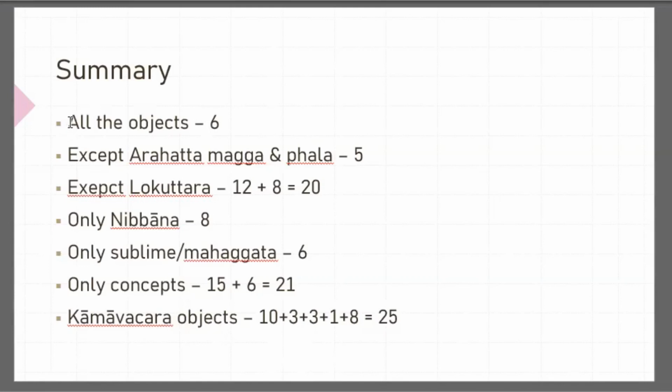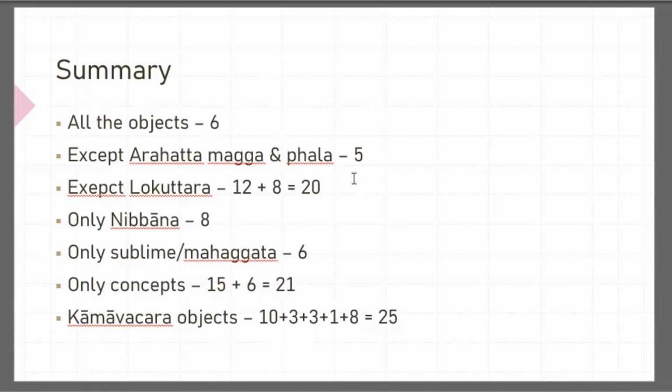Let's summarize again. There are 6 Cittas that can take all the objects. What are they? 4 Jnana Sampayutta Kiriya Cittas, Kiriya Abhiññā, and Manodvara Vajjana Citta. Those 6 Cittas can take all the objects.